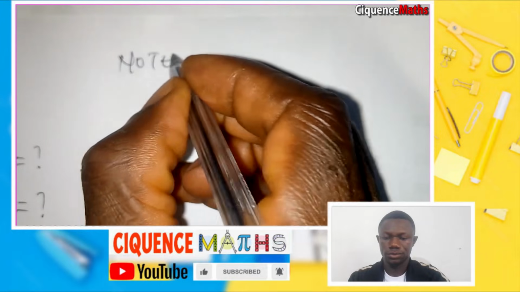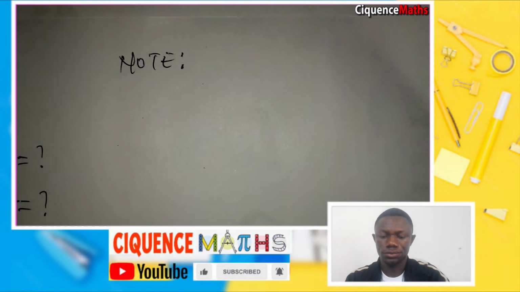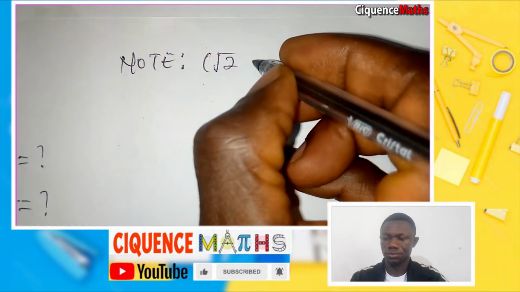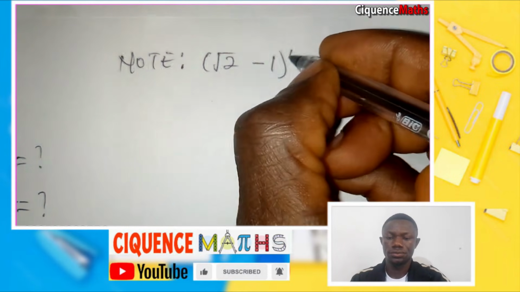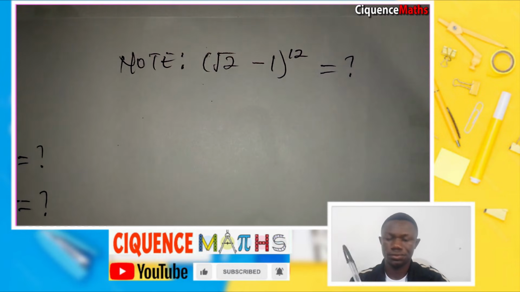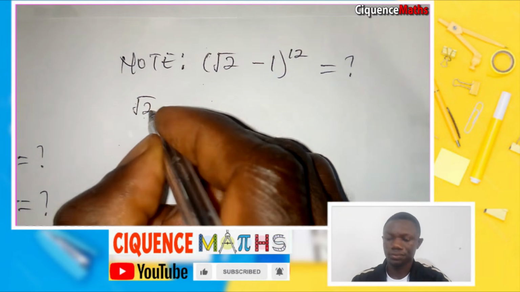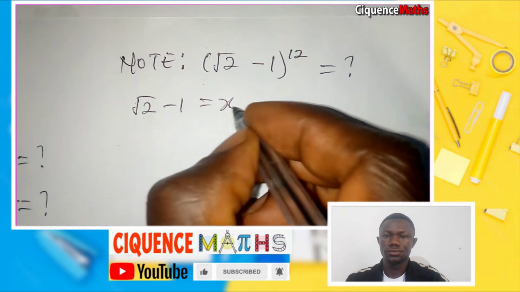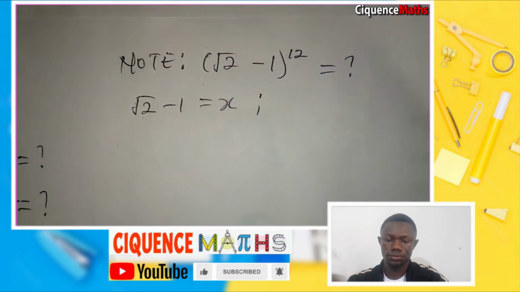Remember the question is root 2 minus 1 to the exponent 12, and we let root 2 minus 1 represent x.